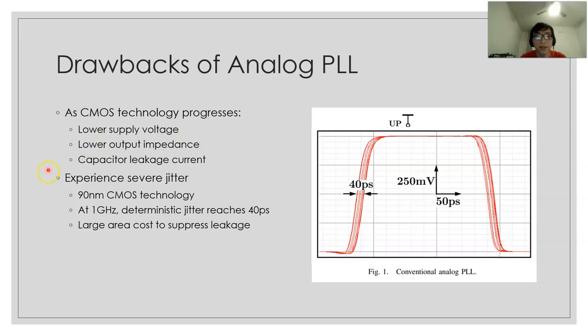This has been shown by an experiment using 90 nanometer CMOS technology running at 1 GHz. The deterministic jitter can reach up to 40 picoseconds. This jitter can be eliminated, but it would take a lot of area using MIM capacitors, about 20 times more area.